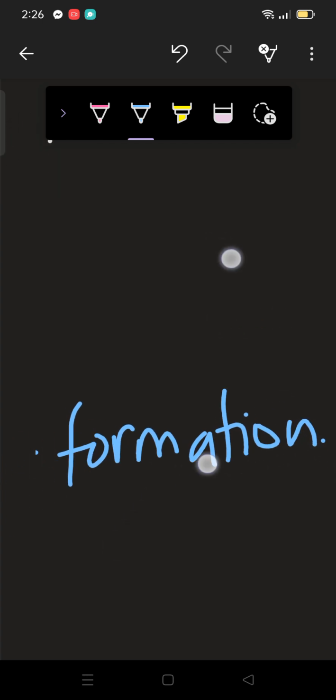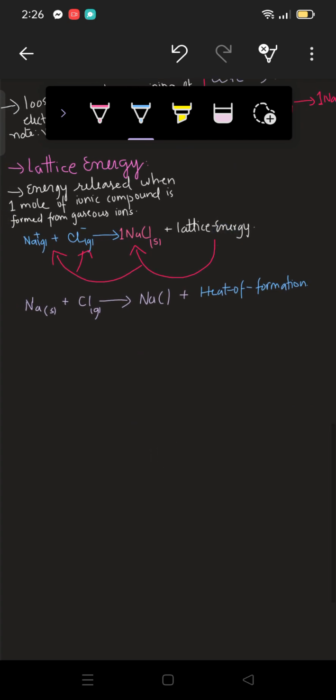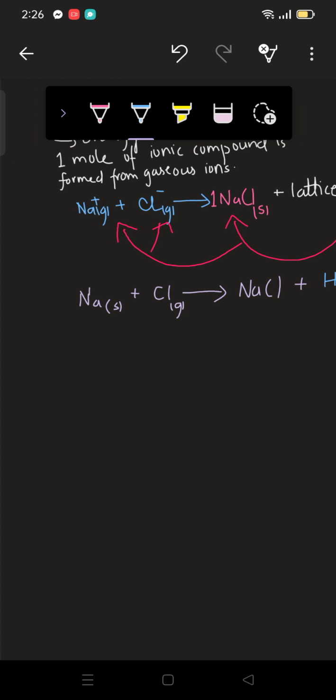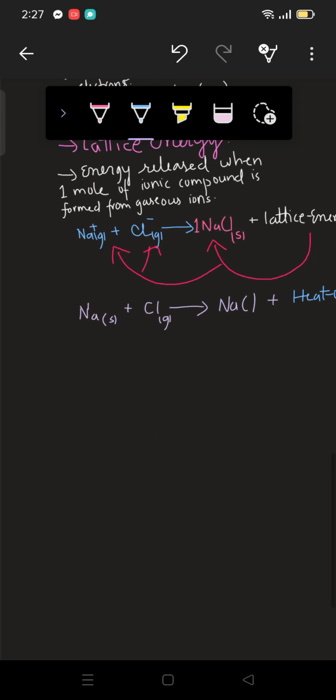Why heat of formation? Since now we have not taken gaseous ions, we have taken the elements or reactants in their stable state. So sodium is found stable in the solid state, that's why we have taken solid sodium, plus chlorine is found stable in the gaseous state. That's why we have taken gaseous chlorine, and when they both react together in their actual states, the compound is produced, and the heat which is released is what we call the heat of formation.